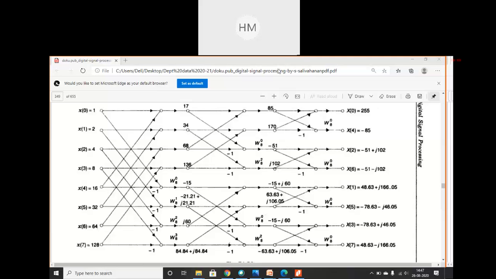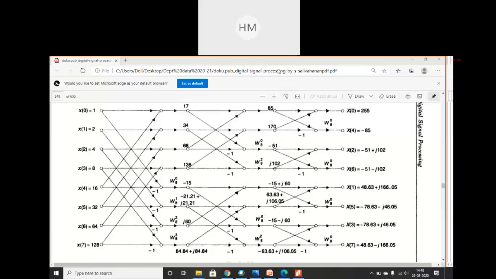X3 is perfectly right. X2 is also right. X3 right था पहले ही. X2 you are getting minus 51 plus 102j. You can check the answers. It's on the screen.